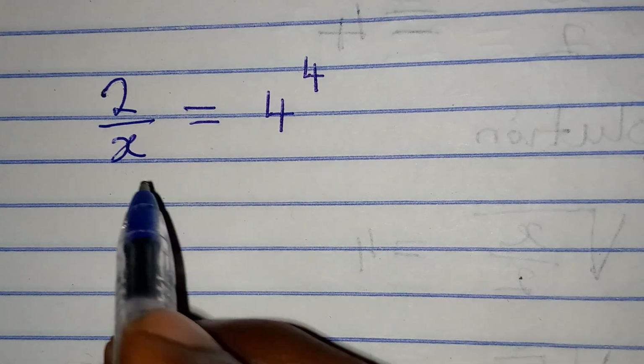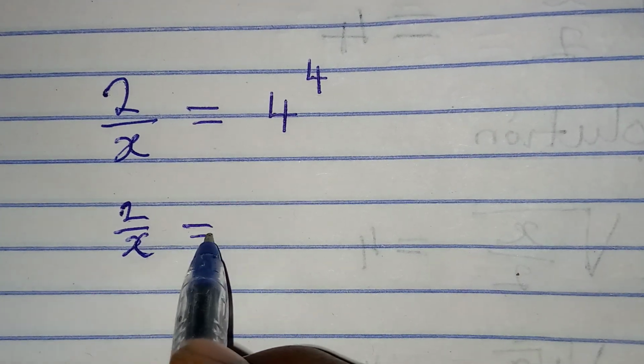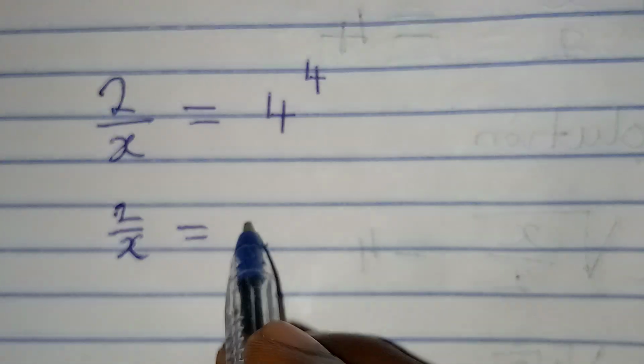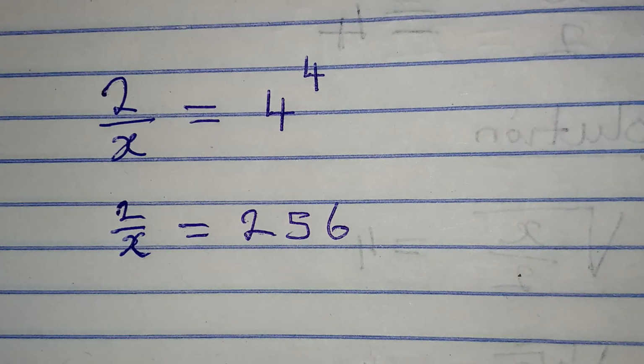So from here, it means that 2 over x is equal to 4 times 4 times 4 times 4, and that will give us 256.